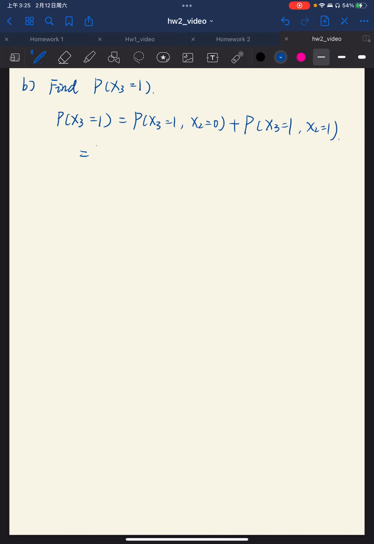And it is also equal to the probability of x3 equals 1 given x2 equals 0 times the probability of x2 equals 0, plus similarly here.